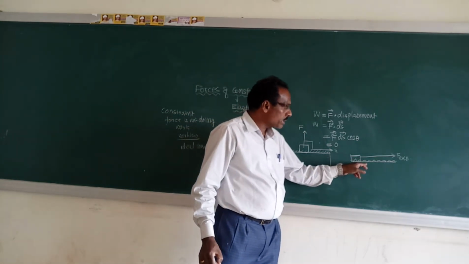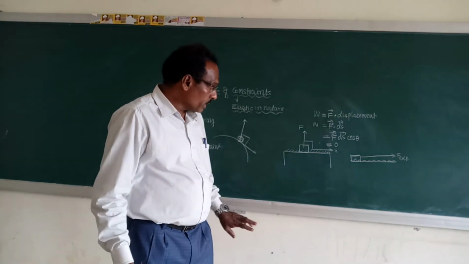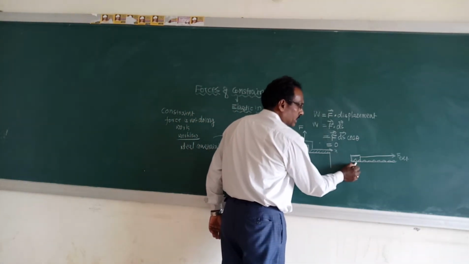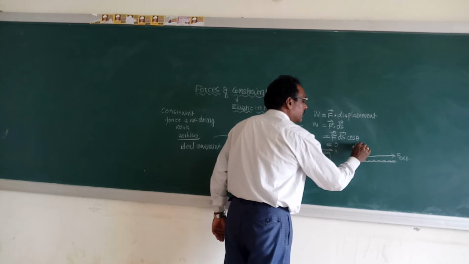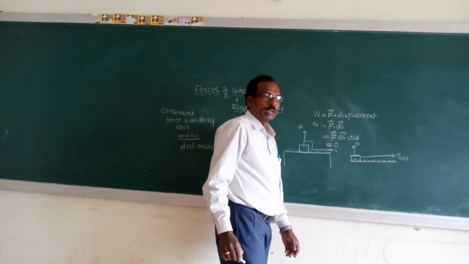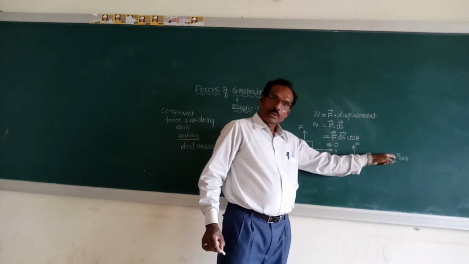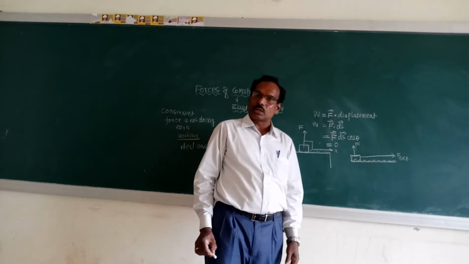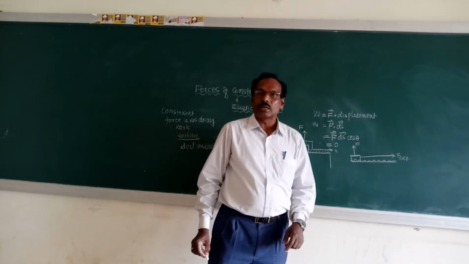This surface is having some friction. So because of the friction, there exists a force of contact, and that force is acting in this direction. Because of the external force, there exists another force called the frictional force, and the work is done here.